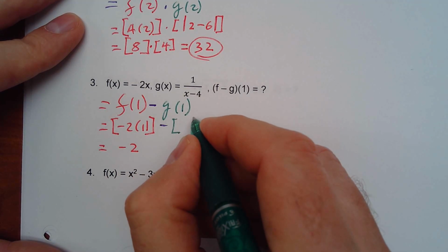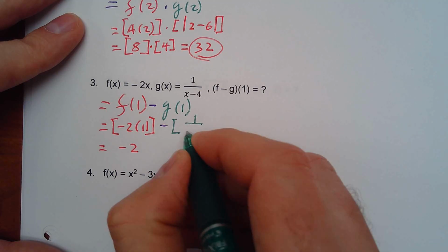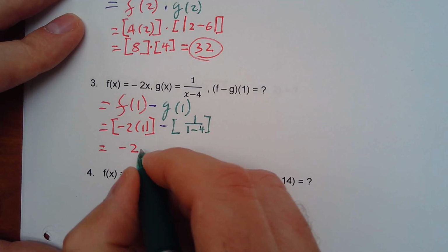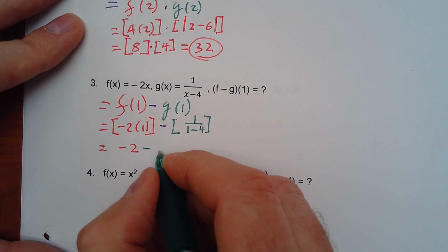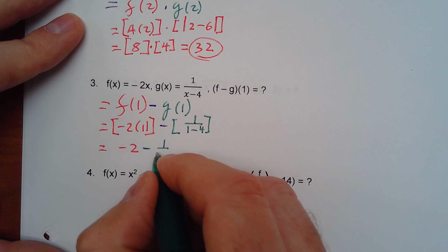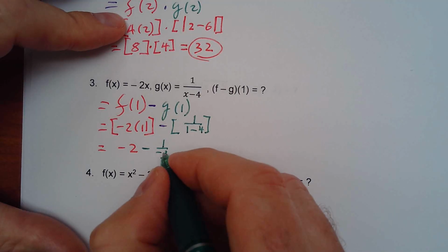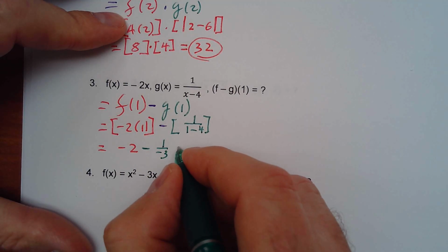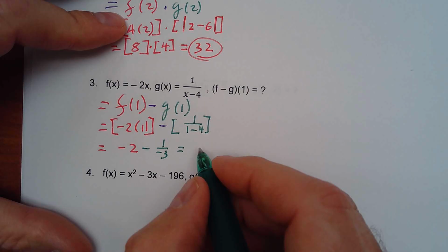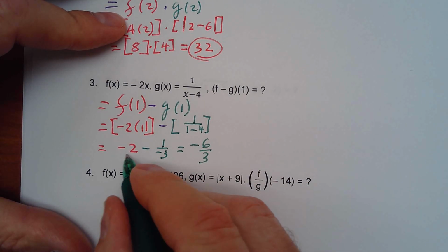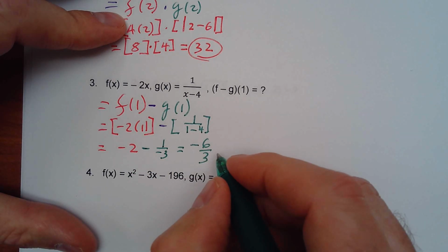G of 1 is 1 over 1 minus 4. So that'd be minus 1 over negative 3. Well, that negative 2, we can rewrite as negative 6 over 3. Just writing that over 1 again, common denominator.